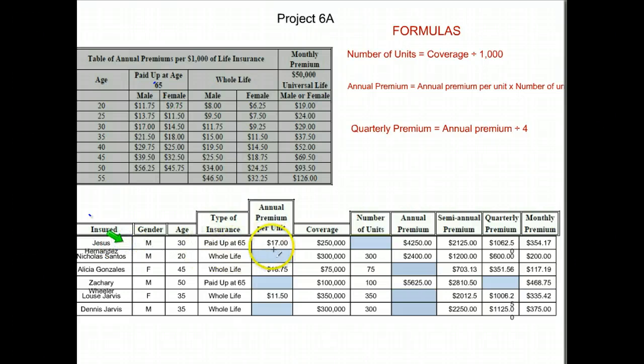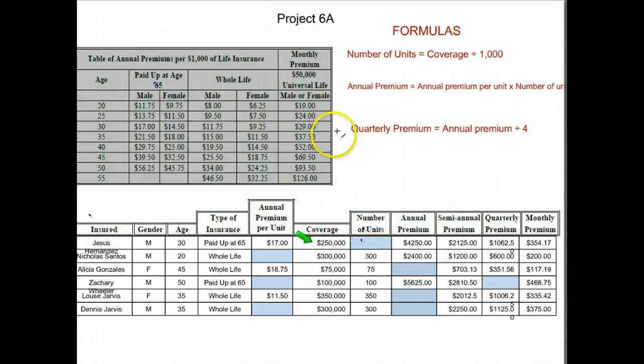So the first blank we're asked to fill is the number of units here. So here's Jesus Hernandez. They gave us his gender and age, what type of insurance he was buying, and they found the number in the chart for us. The coverage he wants is $250,000. How many units is that? Remember, the chart is in thousands, so that means per $1,000.